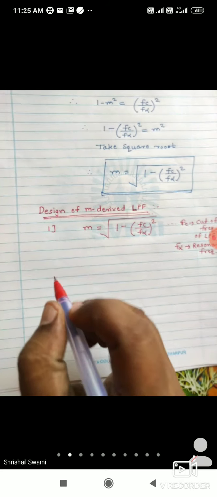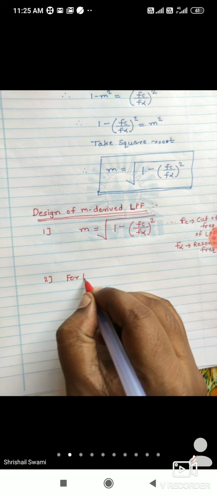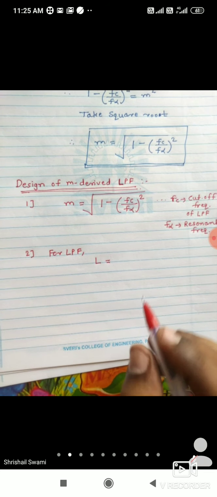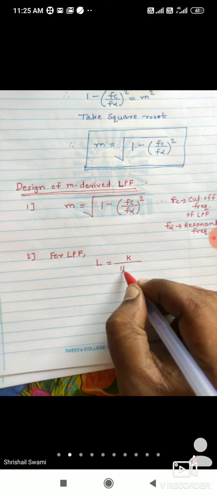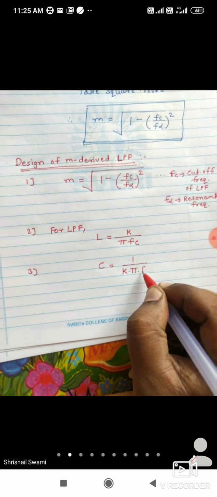Okay, now second expression for low pass filter. What will be the formula for L is equal to? Recall the formulas for low pass filter of constant K type. L is equal to K upon pi fc, and third one C is equal to 1 upon K into pi into fc.